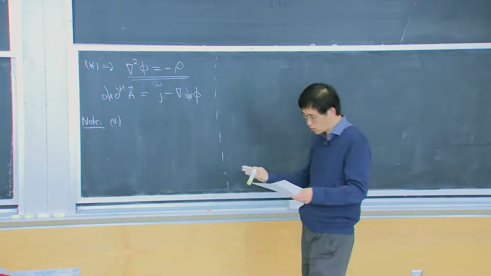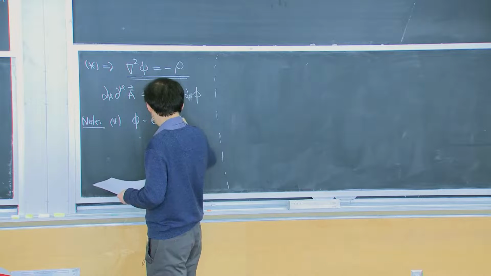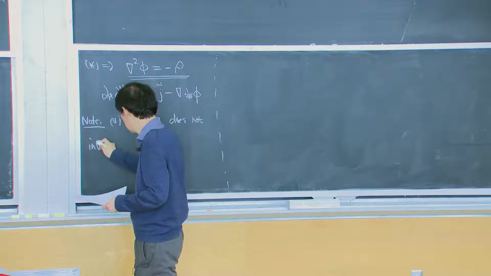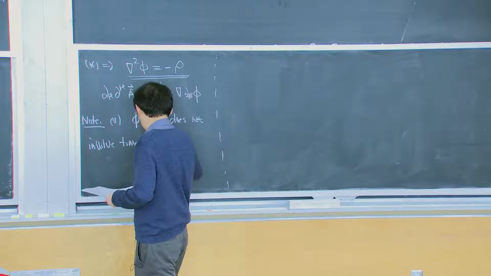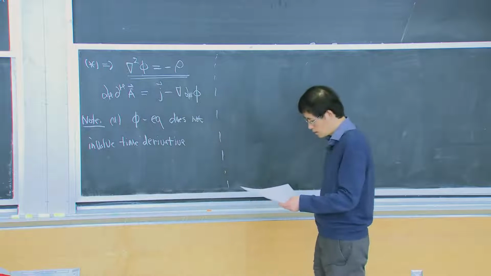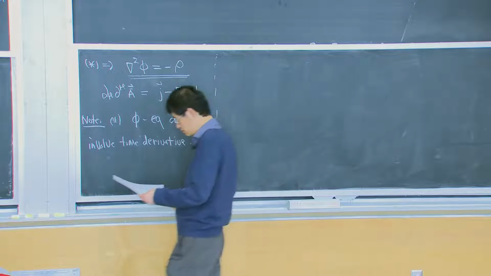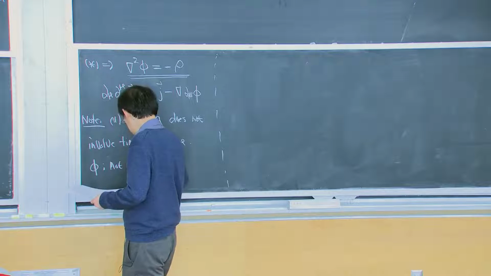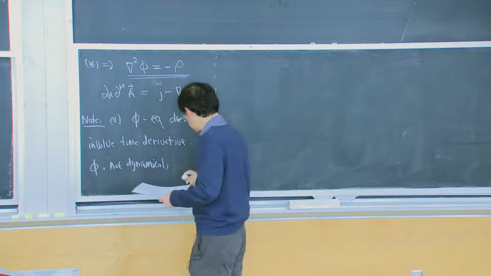But notice that this equation does not involve time derivatives. So this is not dynamical. Phi is not dynamical. It's determined by rho instantly.